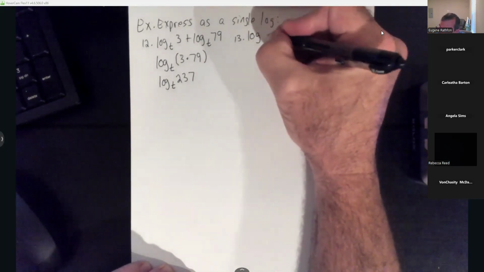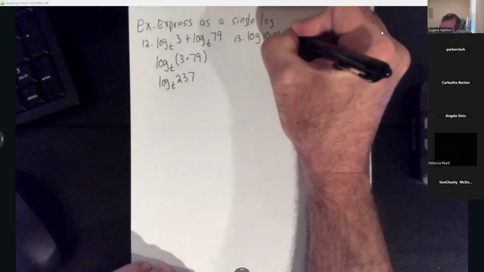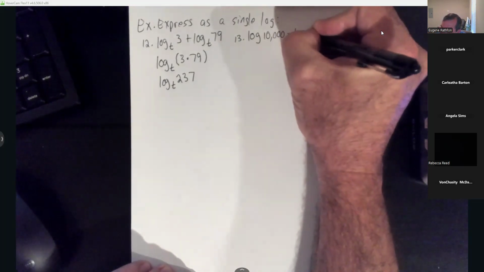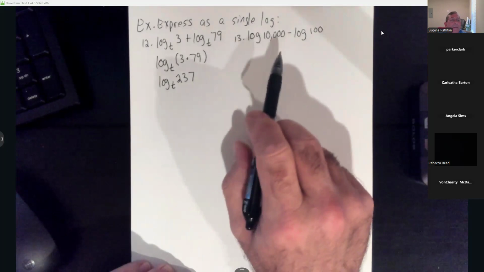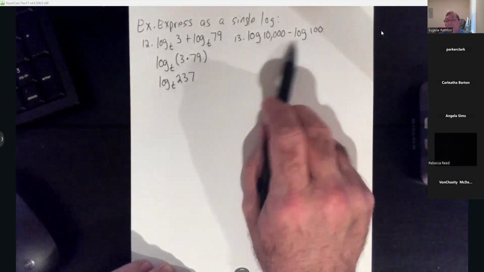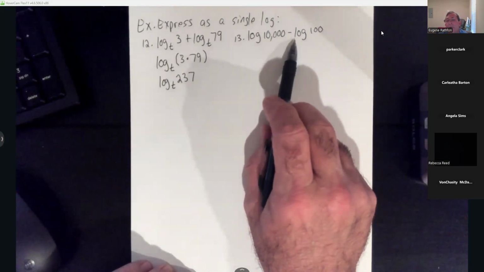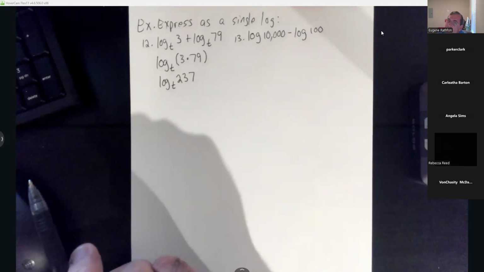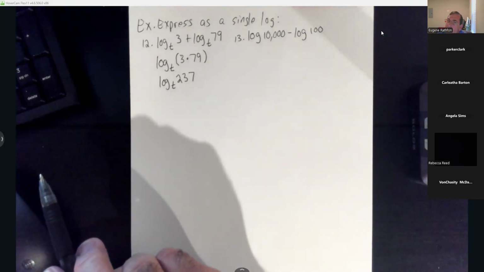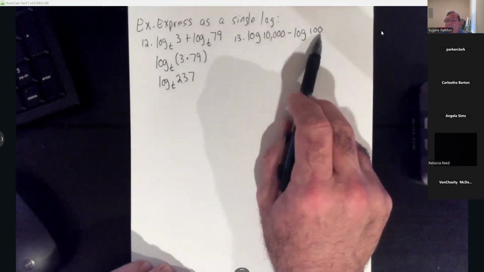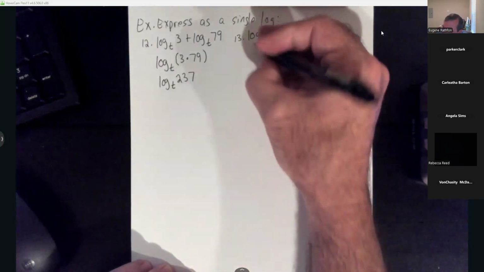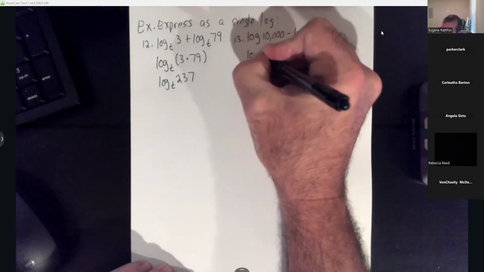So let's see what we do here. Log of 10,000 minus a log of 100. So think about this. The ones that were being subtracted started out as a quotient. So the positive factors on top, the one being subtracted will be on the bottom. So let's pull out our log.